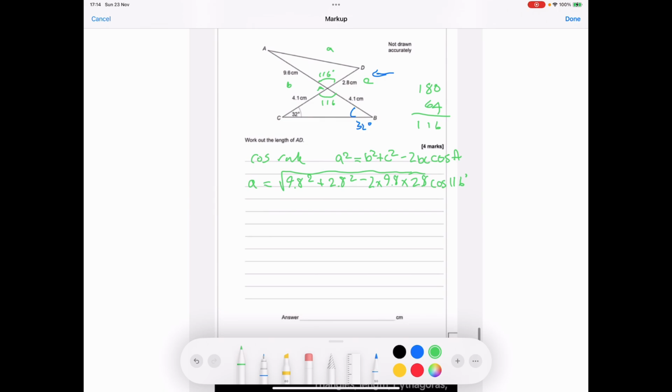I didn't actually put the brackets in, so let me do that one more time. 9.8 squared plus 2.8 squared minus 2 times 9.8 times 2.8 times cos of 116, and redo the brackets. Hopefully this will now give me an answer. Yeah, it says it's 11.31 centimetres.